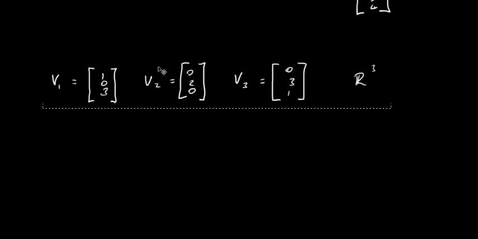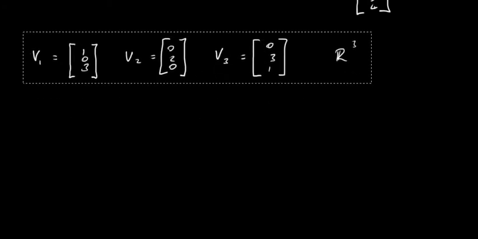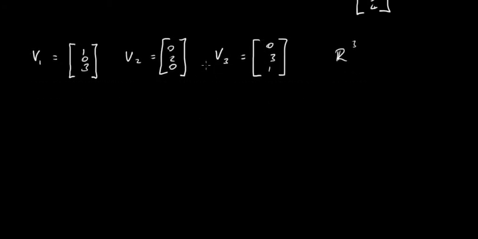So these were our three initial vectors, and I'm going to add a fourth vector called v4, and that fourth vector is, let's say, 1 2 3. Let's keep it simple.